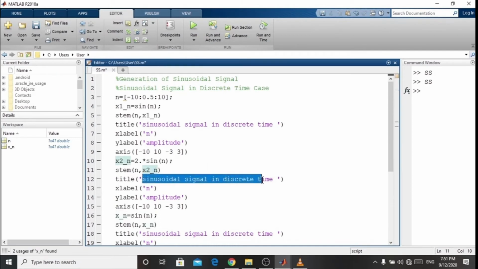Then changing the name of the title of the graph to change in amplitude.